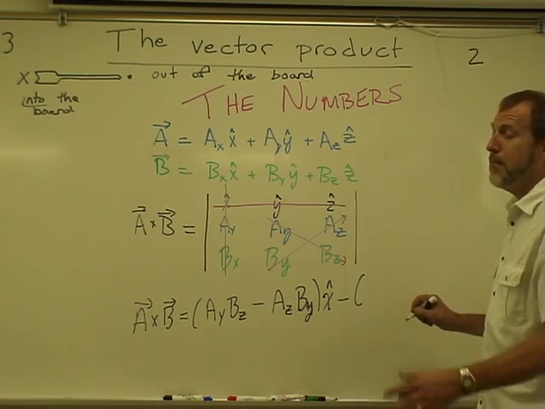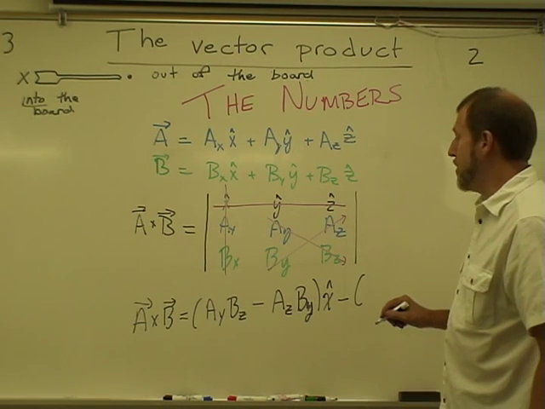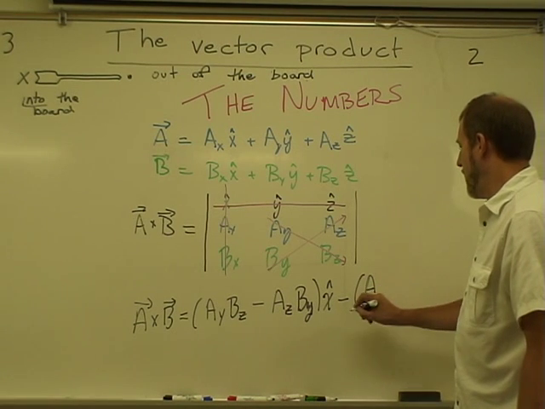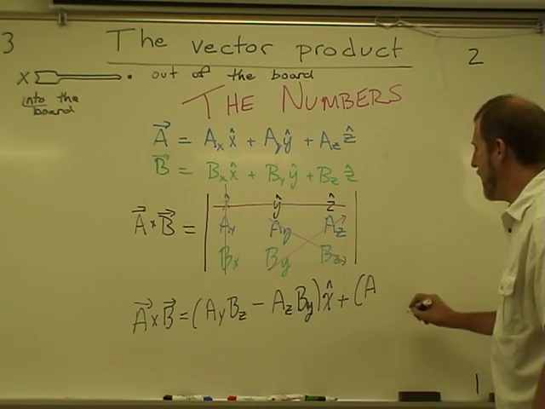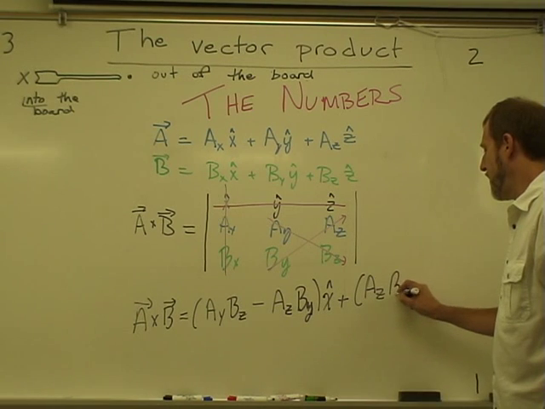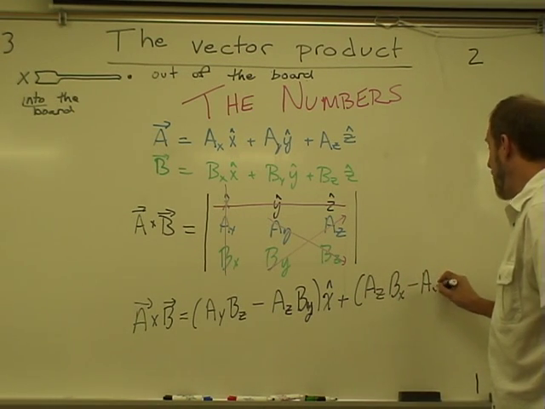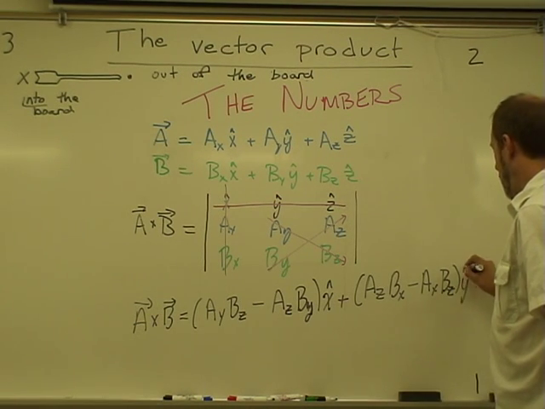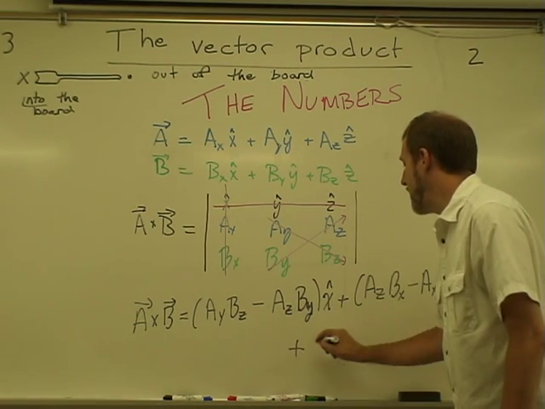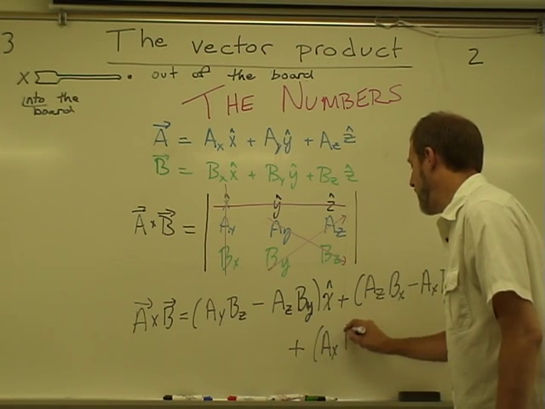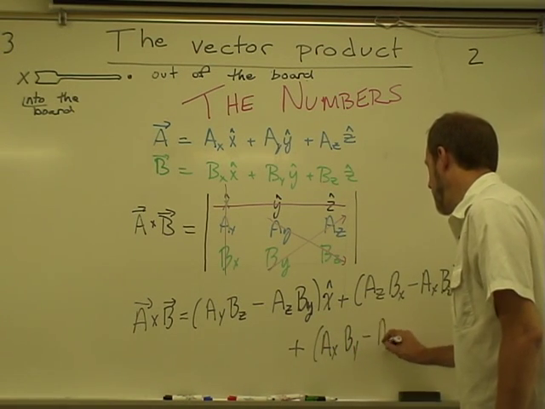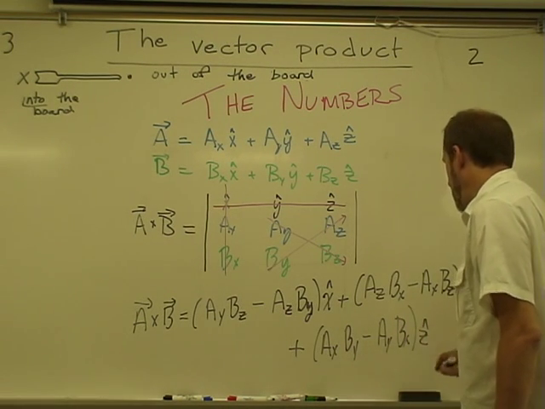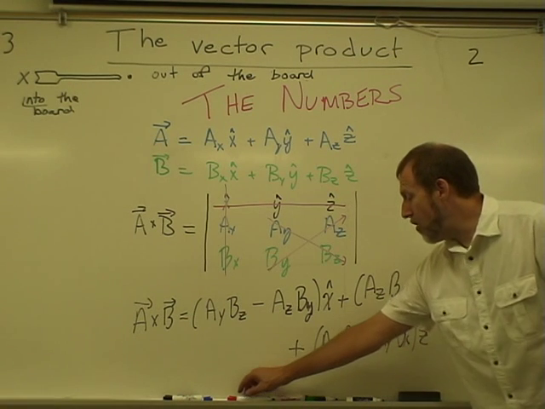There's a negative sign because of math I'm skipping over right here for the j component, but actually I'll take the negative sign out and we'll get az bx minus ax bz in y, plus ax by minus ay bx in z.